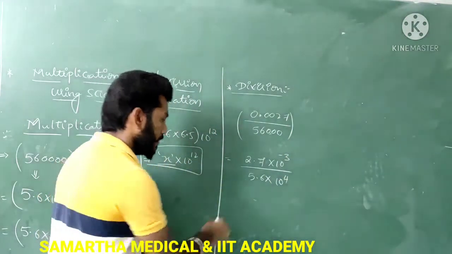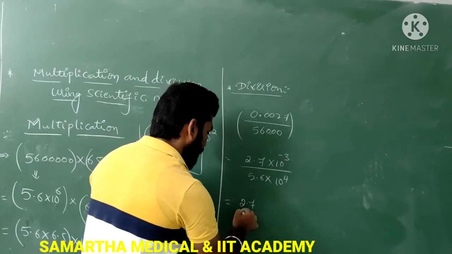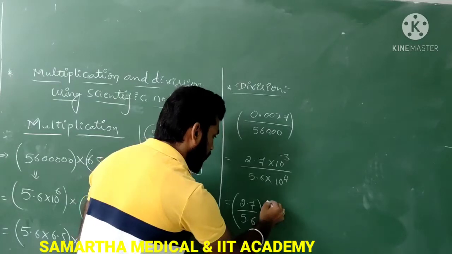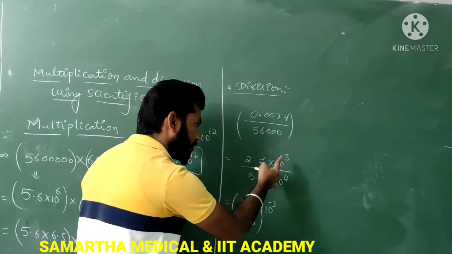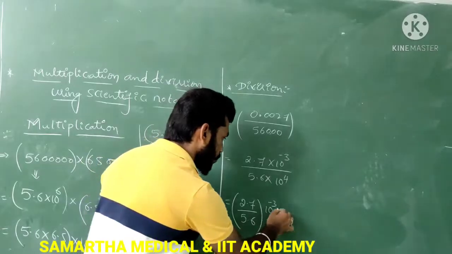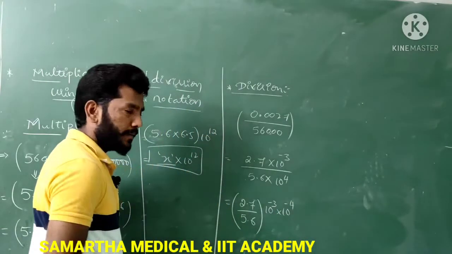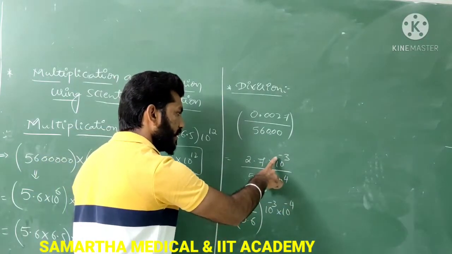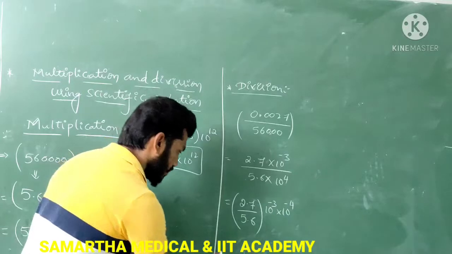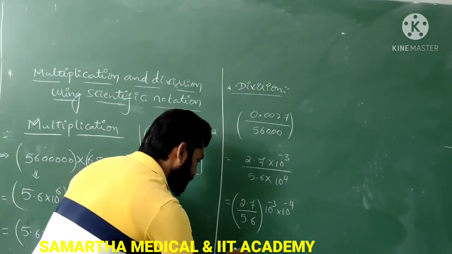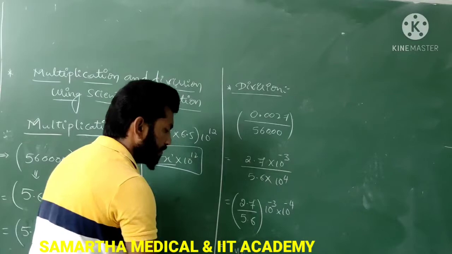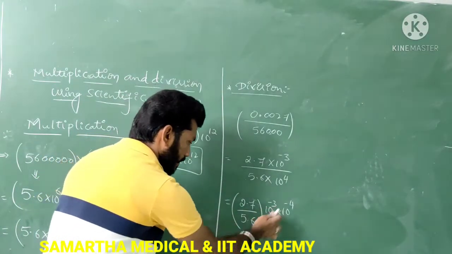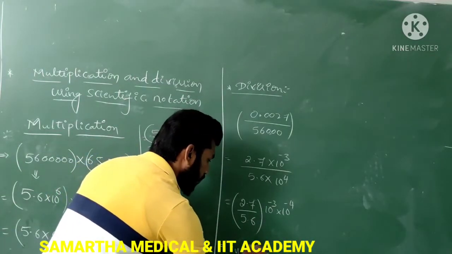So 2.7 divided by 5.6, and we have 10 to the power of minus 3 in the numerator, and 10 to the power of 4 in the denominator. When we shift the denominator term to the numerator, positive becomes negative, and negative becomes positive, as we know. If you solve this term, we get some value y. I am just writing an imaginary value; simplify and you get the actual value. Then 10 to the power of minus 3 and minus 4, which is minus 7.